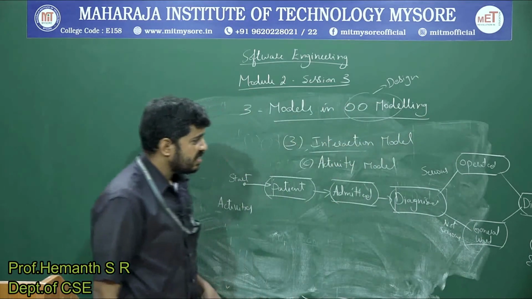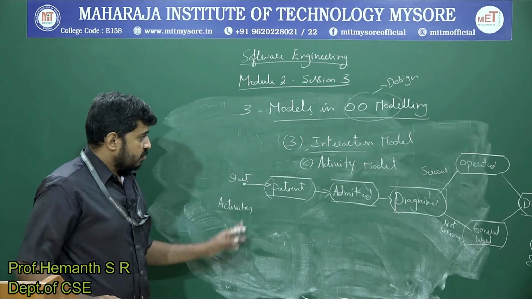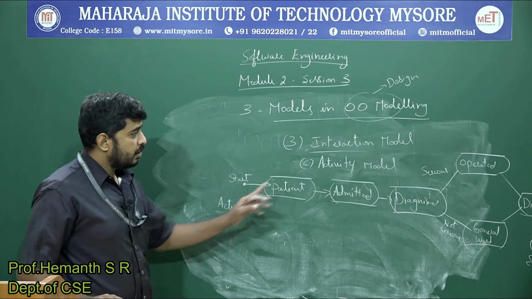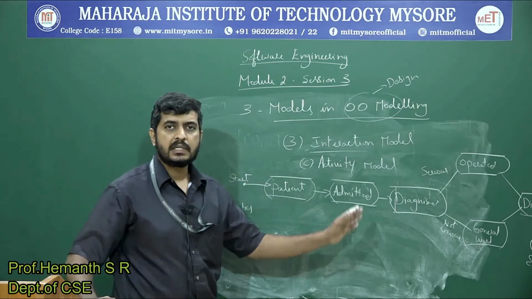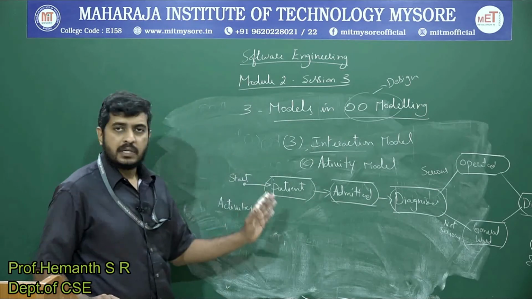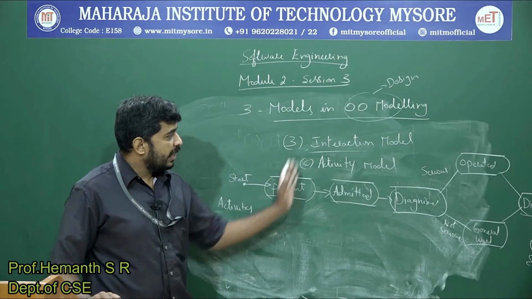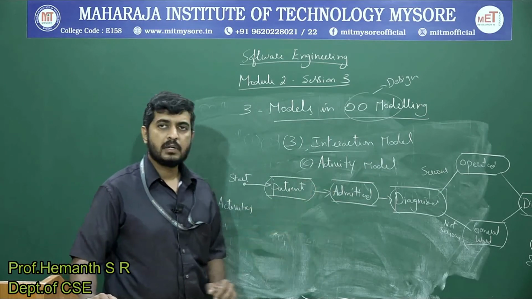So what we can visualize here: from the starting point to the end, what are the different activities that have occurred in this system, considering the patient interacting with this system in the hospital. This is the activity model.